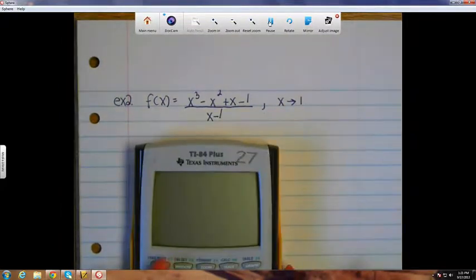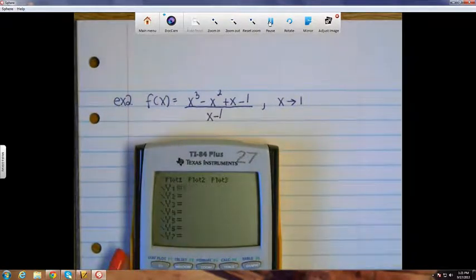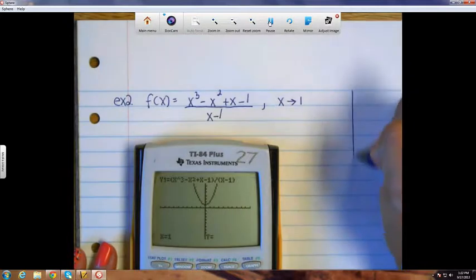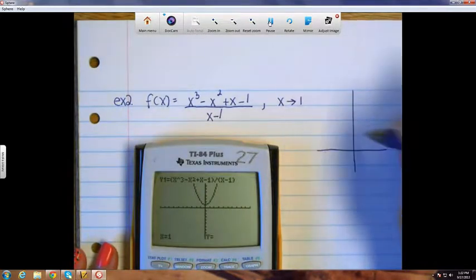So we'll go y equals, turn it on, clear that out, x cubed minus x squared plus x minus 1 divided by x minus 1. A nice parabola, and if you trace to 1, we should get an error, no y value. So at 1, there's going to be a hole in the graph.